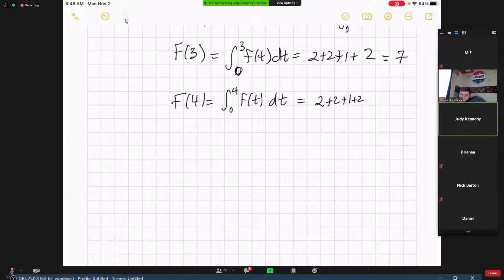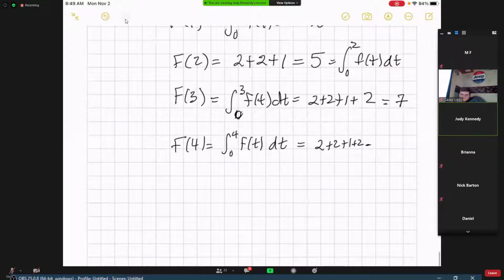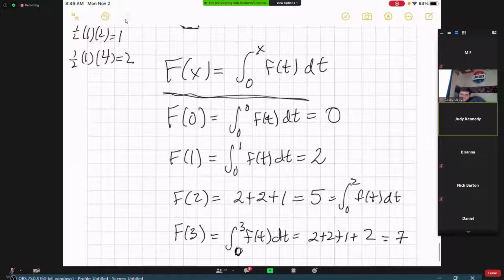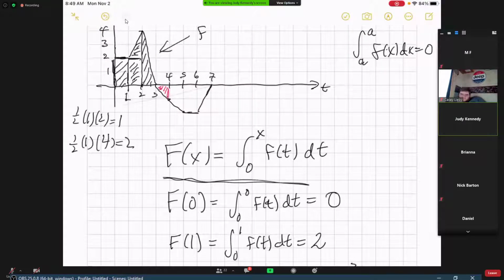And then I'm going to get negative whatever the area of this little triangle is, okay? Well, that little triangle has area 1/2, I believe. Base is 1, height's 1. 1/2 base times height would be 1/2.